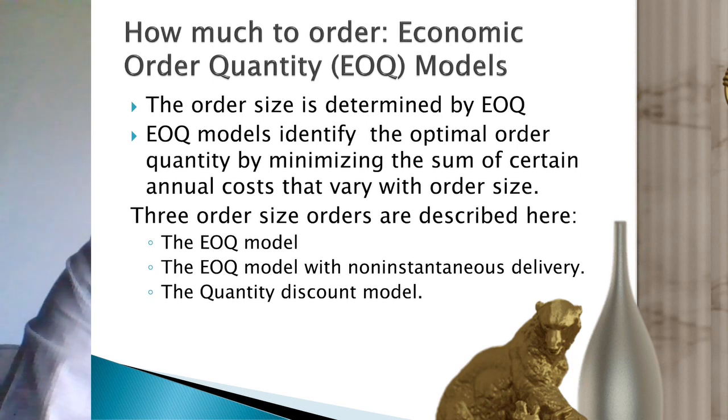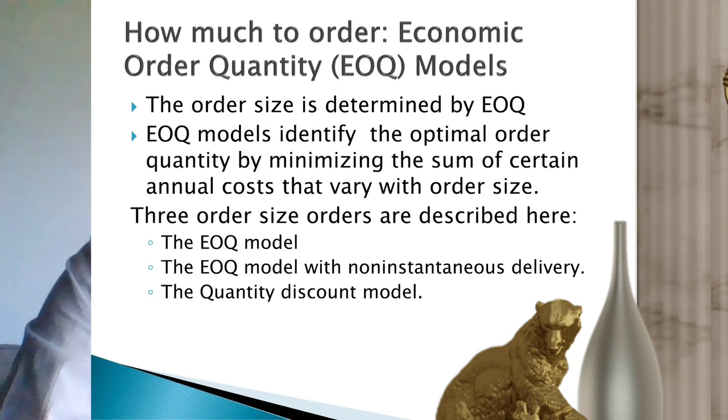The EOQ, economic order quantity model, or models, there are many, identify the optimal order quantity by minimizing the sum of certain annual costs that vary with order size. So the aim is to minimize the cost of inventory.